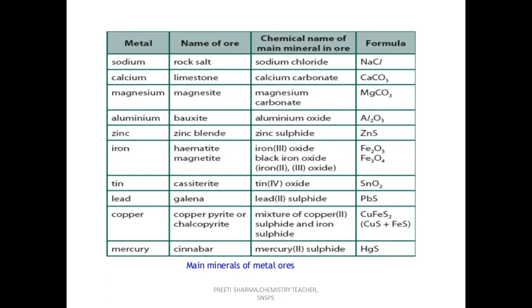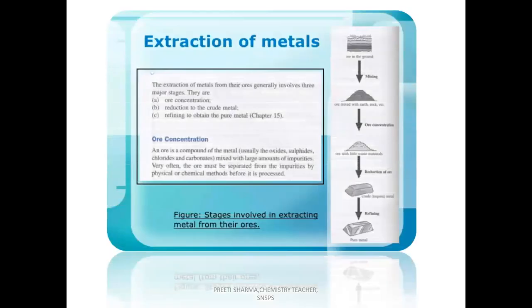Lead, galena or lead sulfide. Copper, copper pyrite. And mercury, it can be mercuric sulfide when mercury is present in the +2 form, or we can say cinnabar. So these are some main important ores of the metals which you should know before going to the next slide.